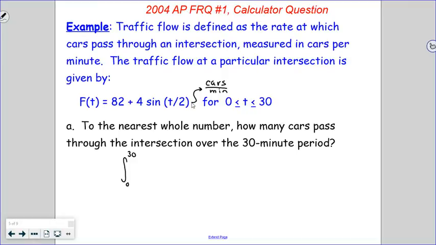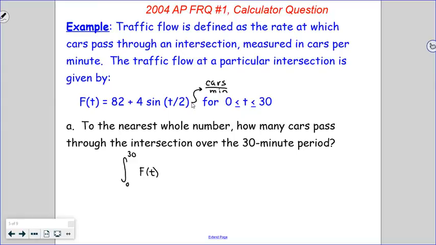Now, here's a good thing to know. If they have at some point anywhere on that piece of paper defined the function as some letter, in this case f of t, I can put f of t here because it is something that is defined on there. Okay? I can also just write the 82 plus 4 sine of t over 2.